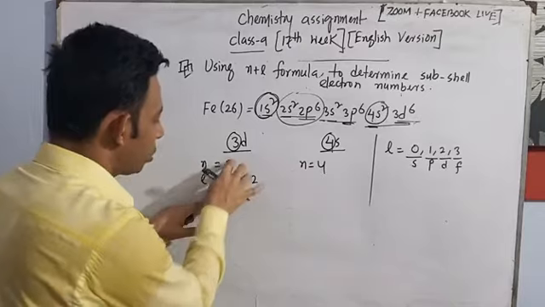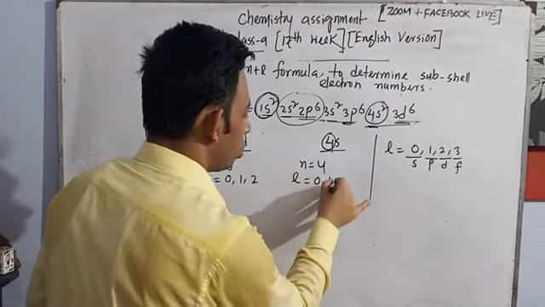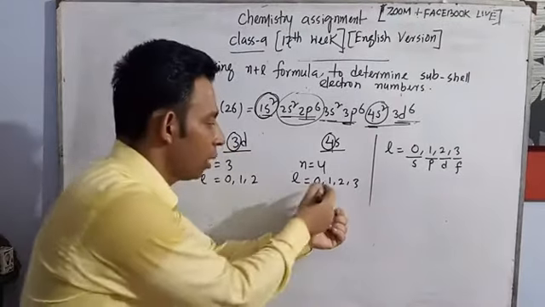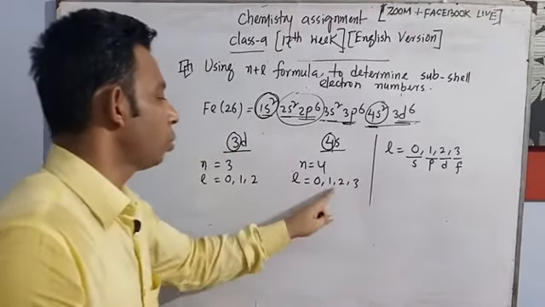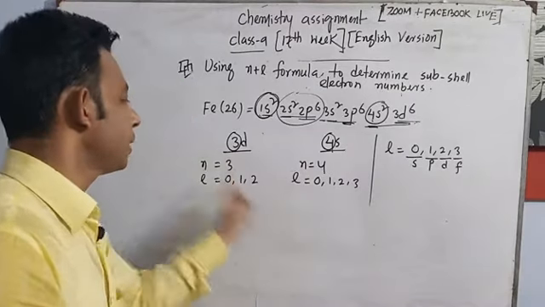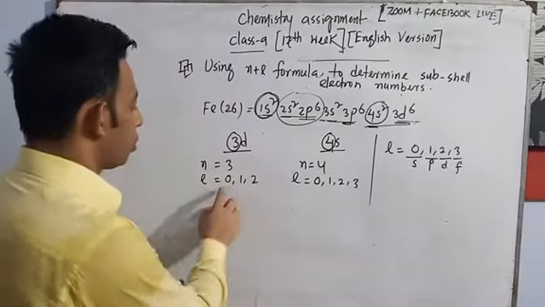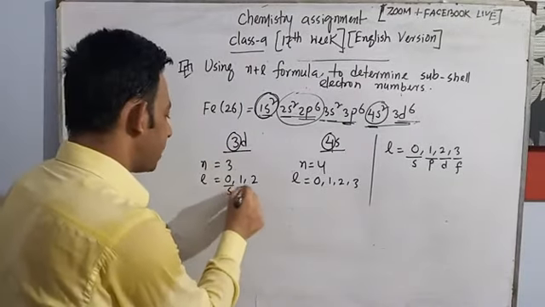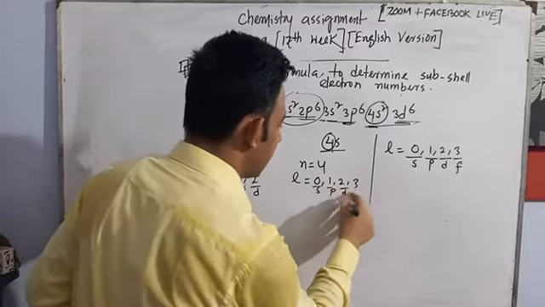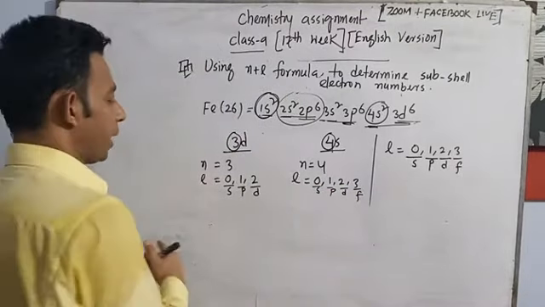That means 3 numbers are in there. So for n equal to 4, there will be 4 values: 0, 1, 2, 3. Since L will always start from 0, this one is the S, this one is the P, this one is the D, S, P, D, F. Look at here. Very interesting point about that.